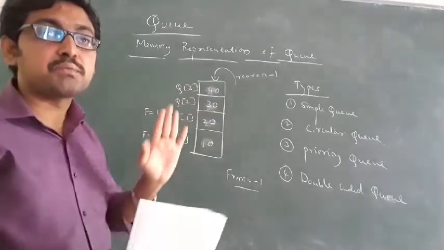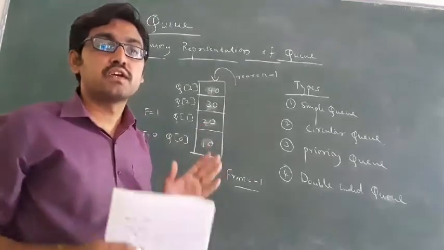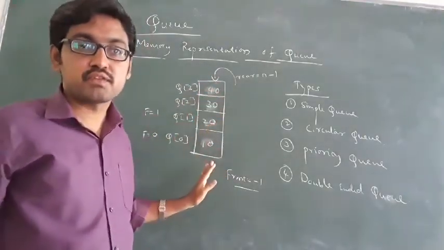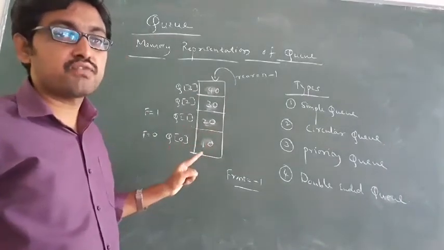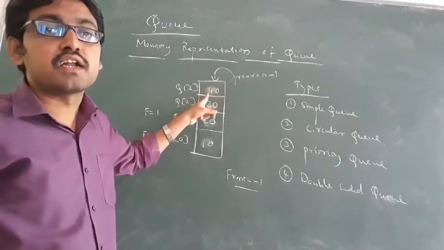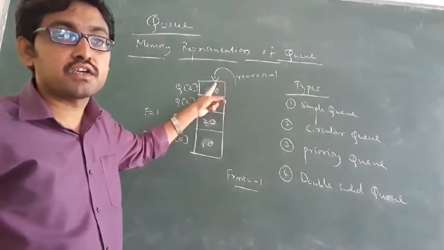Got it? This is the memory representation of a Q. In examination, if they ask you, you can write that the Q has n elements. The process of inserting the elements at the rear end is called NQ.